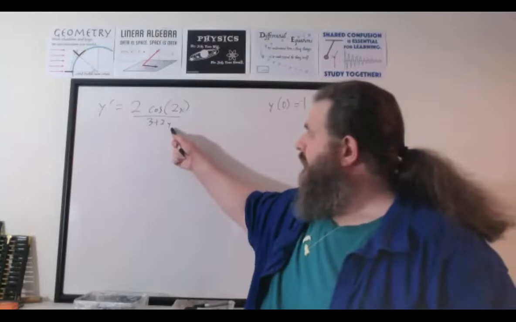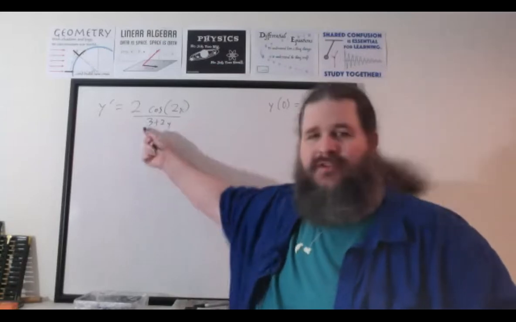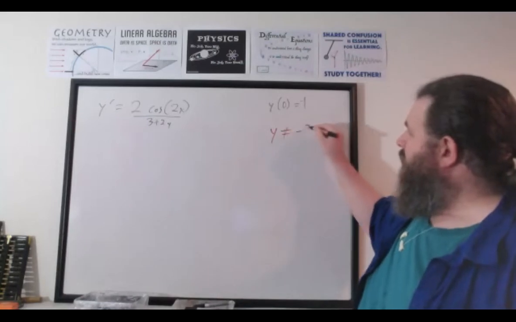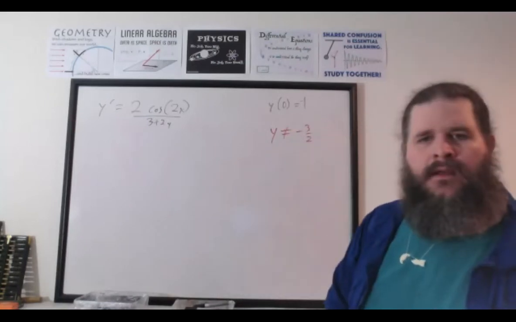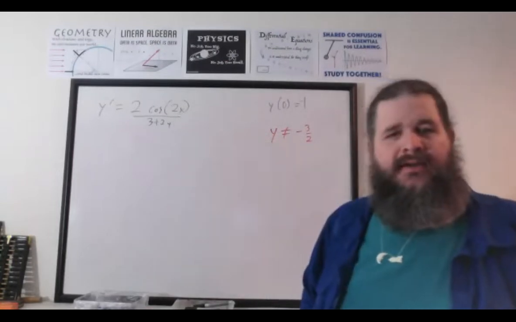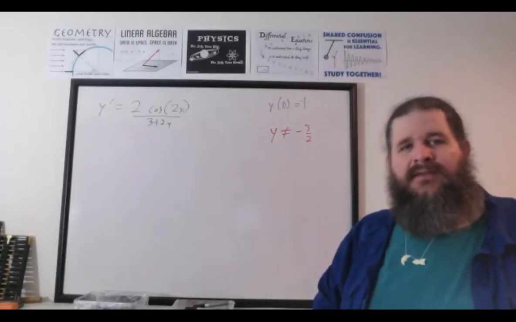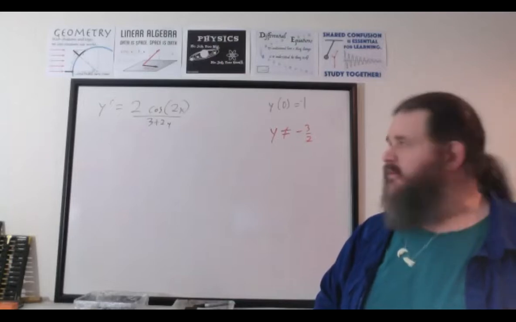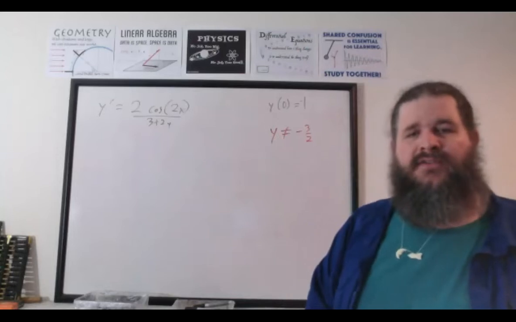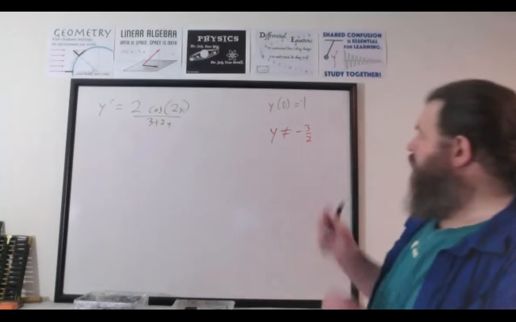Because if y is negative 3 halves, this becomes negative 3 plus 3, which cancels out. So we know we can't have y being negative 3 halves. And I think that's the only one. There are no x values that cause problems for cosine. You can take the cosine of anything. If we take the partial derivative with respect to y, we're just going to get a 3 plus 2y squared in the denominator. So that doesn't introduce any new discontinuities.